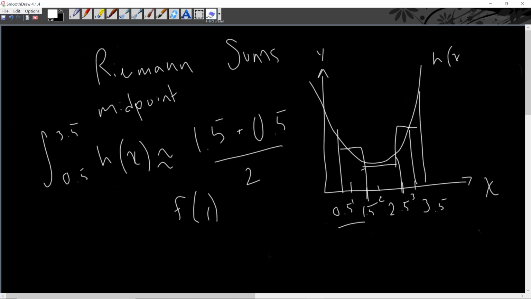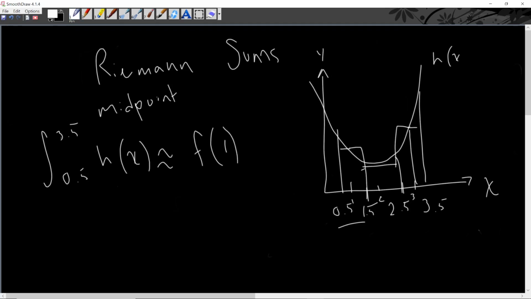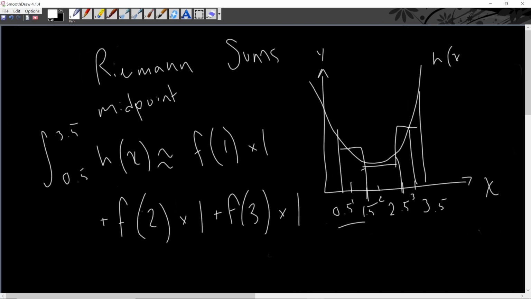And using our formal definition of an integral, we're just going to be doing f of xi times delta x, which in this case is going to be f of 1 times our delta x, which again we said was 1. So this is f of 1 times 1, plus f of 2 times 1 plus f of 3 times 1.